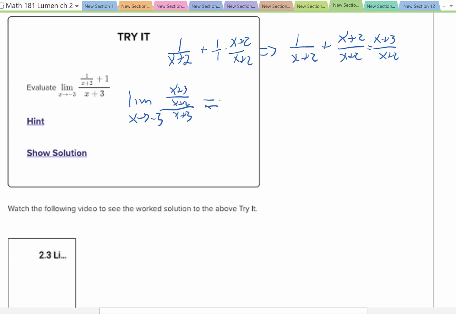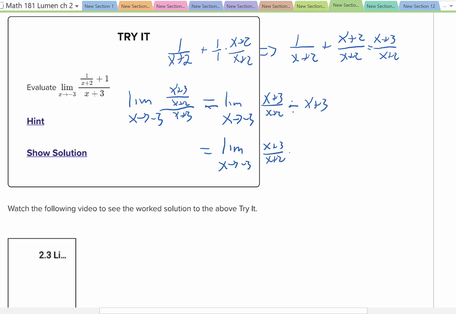The limit as x approaches -3 of x plus 3 over x plus 2 times, I'll do the divide by x plus 3, so it becomes times 1 over x plus 3.